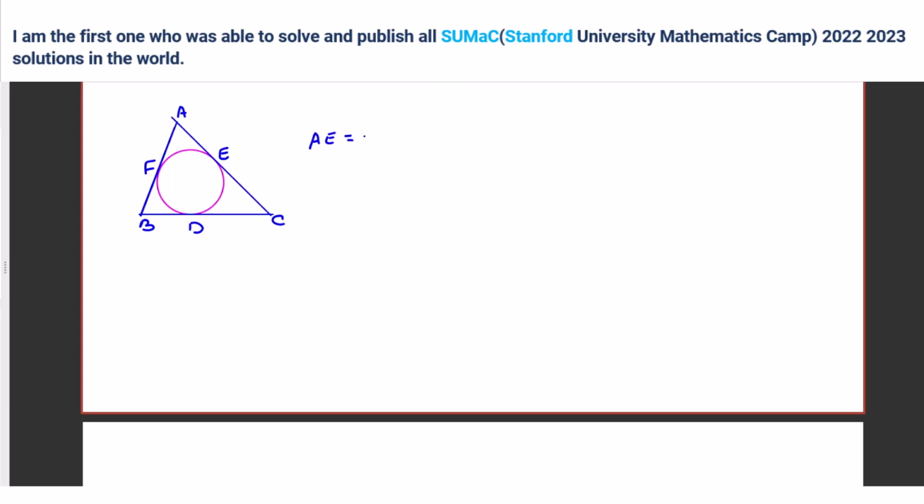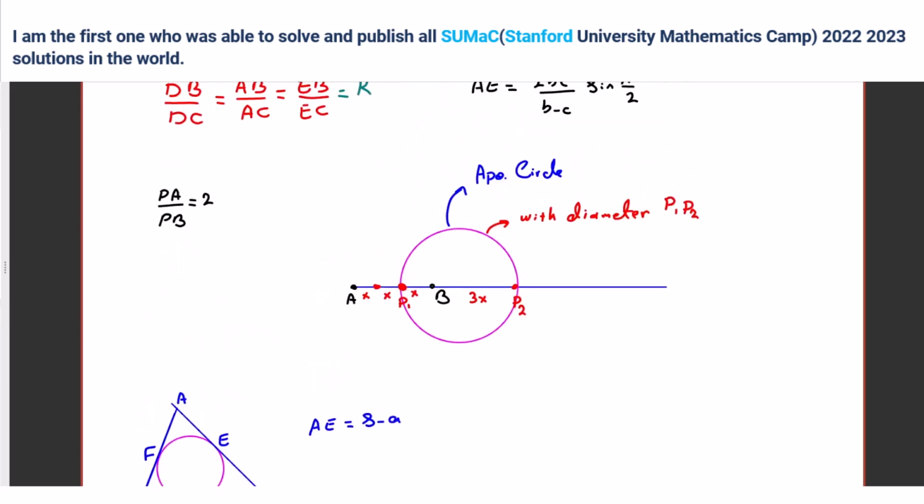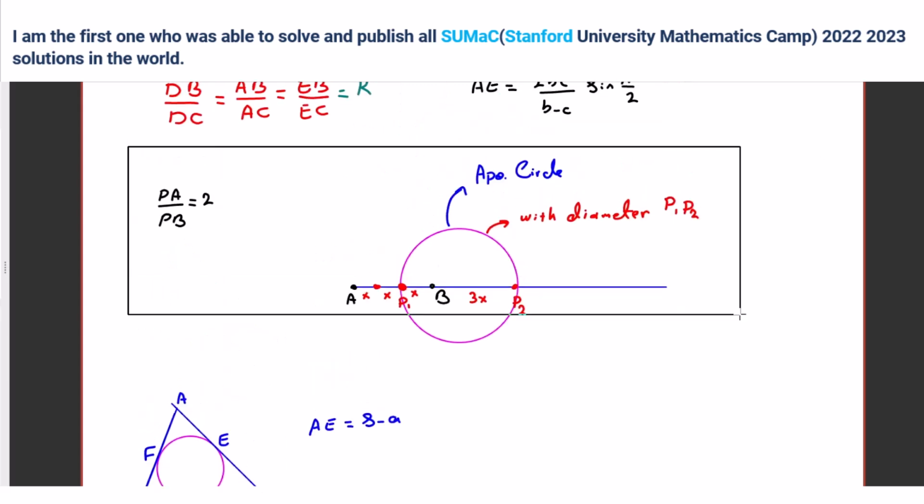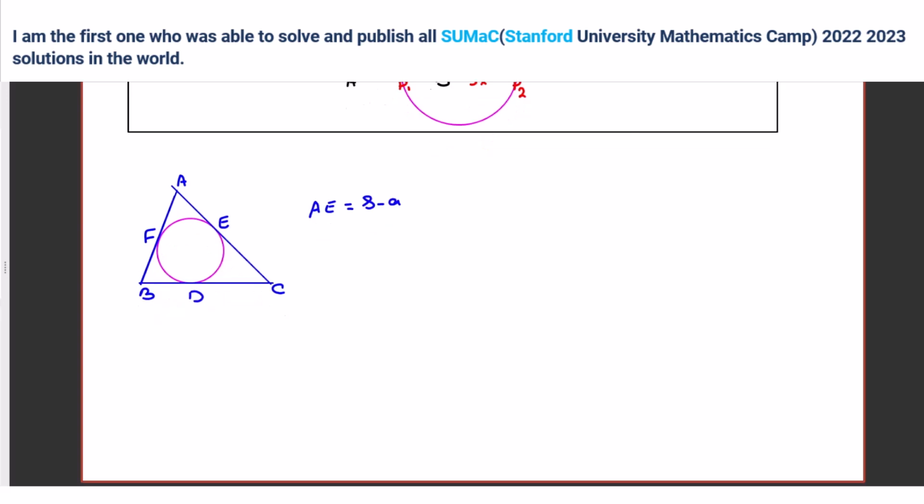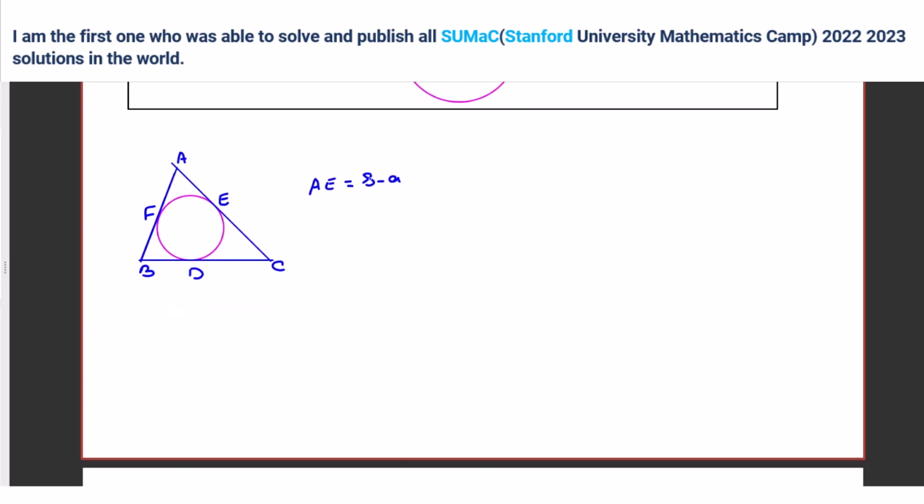S minus A. Yes, let me also put a box around it. Okay, so you know BD is what, CE is what? BD is S minus B. Yes, and CD is S minus C, right? Yeah. And we know they are equal.